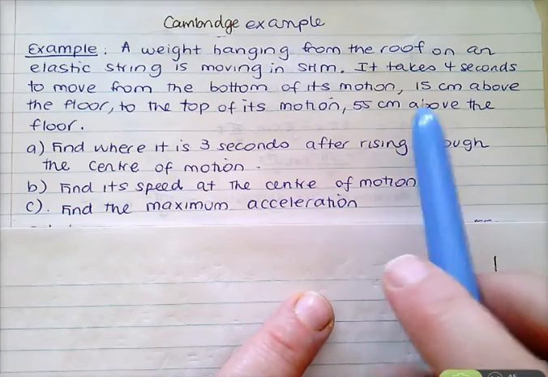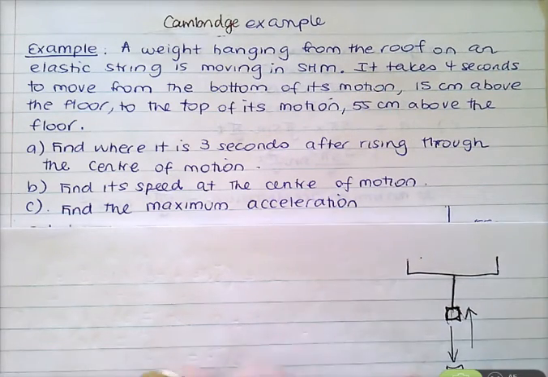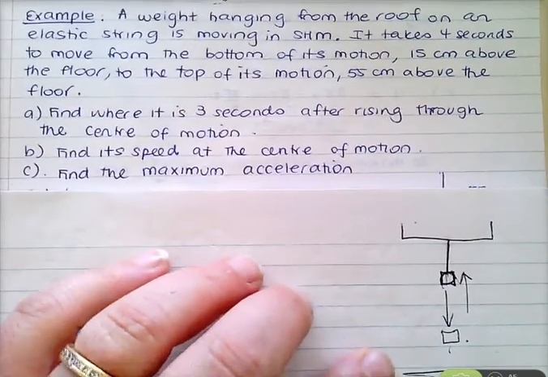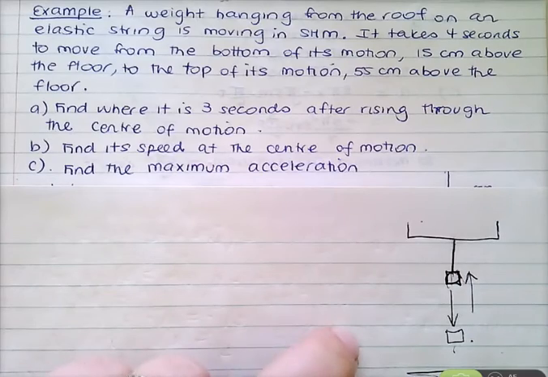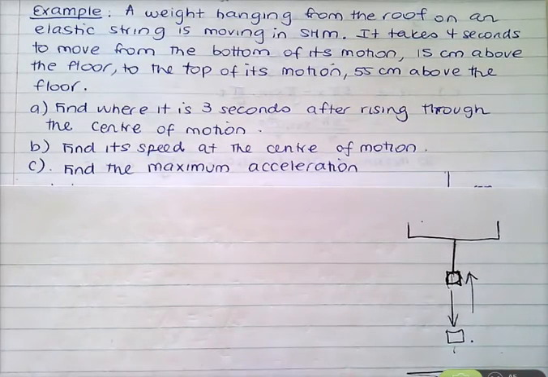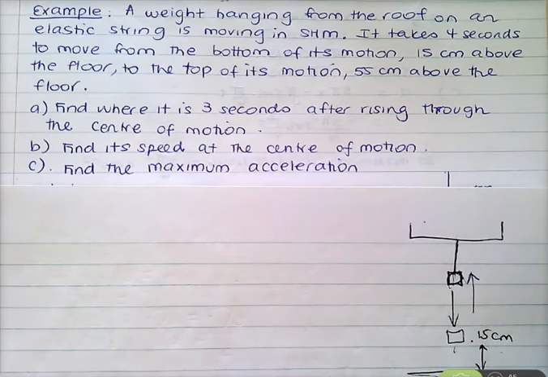Now the question says that it takes 4 seconds to move from the bottom of its motion, which is 15 centimeters above the floor. So here's the floor. So it takes 4 seconds to move from 15 centimeters above the floor, so this is 15 centimeters height, to the top of its motion.